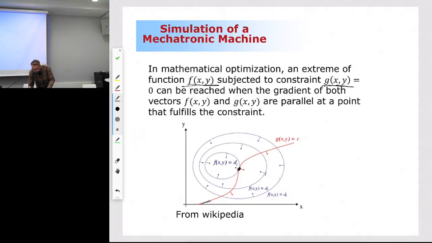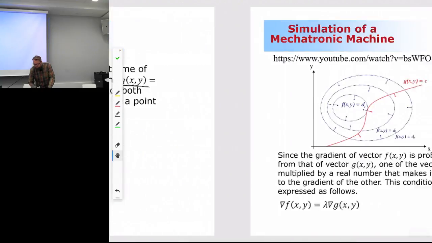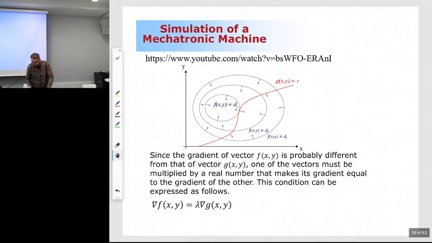Okay, so now when I look at these gradients, they are pointing in different directions, and this picture, by the way, is directly copied from Wikipedia. This is my point. It's a matter of gradients, but the gradients' lengths could be different. They could point in different directions. So I have to multiply one of these gradients by a number, and the factor that I have to use to multiply is called the Lagrange multiplier. That's the mathematical expression of all this.